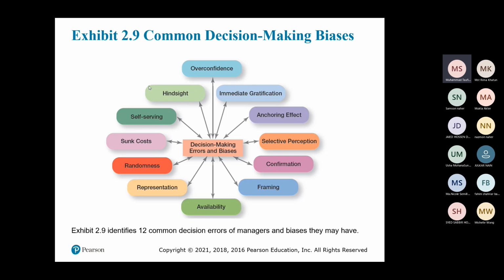The first one is overconfidence, then immediate gratification, anchoring effect, selective perception, confirmation, framing, availability, representation, randomness, sunk cost, self-serving, and lastly hindsight. These 12 mistakes are the most common mistakes that a decision maker will make when making their choices. So we go one by one. We will analyze the mistakes one by one.